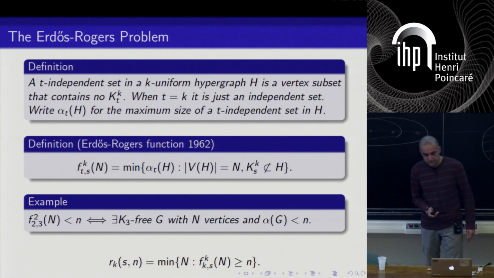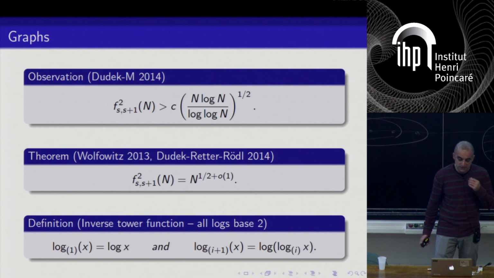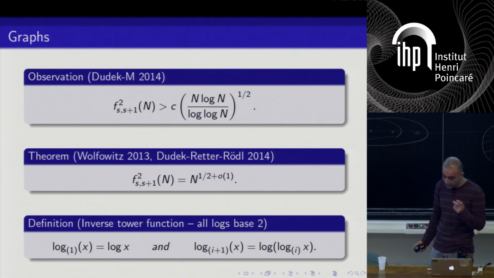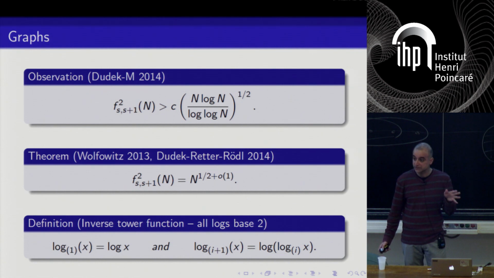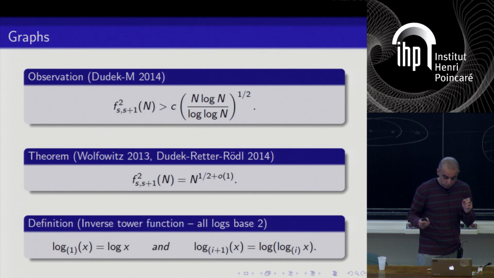Now, the most interesting case here is the case when s and t differ by 1. And for the purposes of this slide, you may as well let s equal 3 and s plus 1 is 4. So what is f_{3,4} asking for?